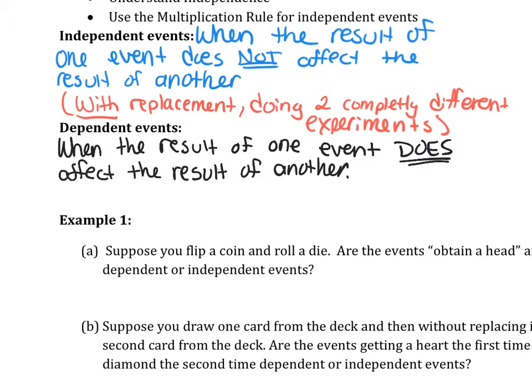So for example, this would be like if you drew a card and then didn't put it back before you drew another one. That would affect the result because the first time you drew a card, you had all 52 to choose from, so you drew your card, looked at it, but then you didn't put it back, which means the second time when you go in to draw a card, you'll only have 51 to choose from. So it's changing the possible outcomes, which would make it dependent events. So whenever you have without replacement would be dependent.